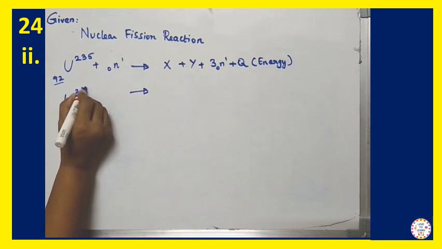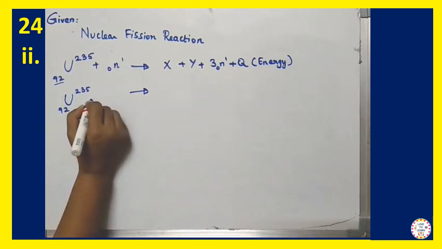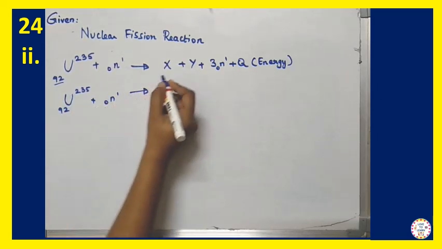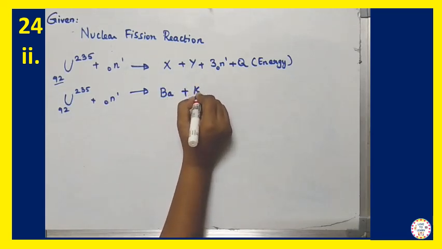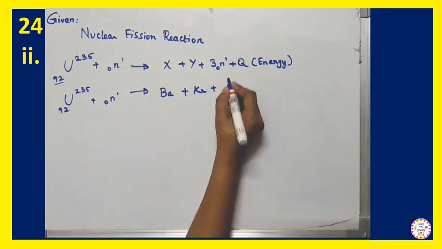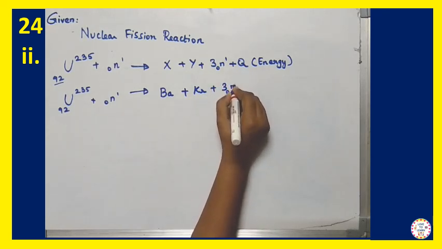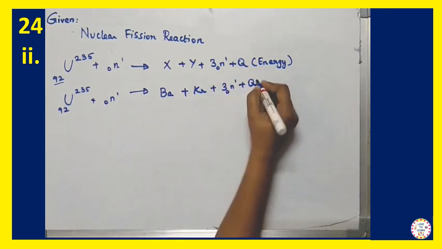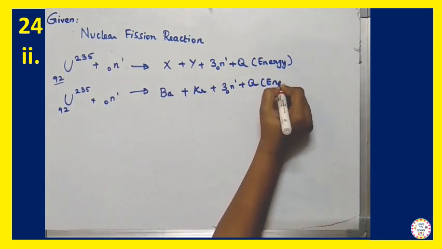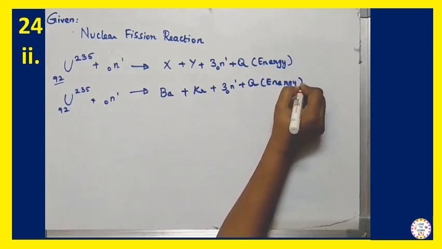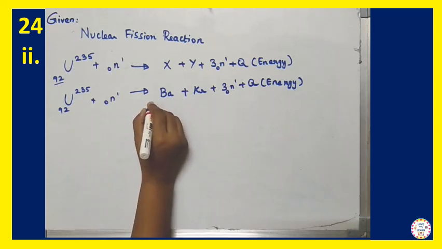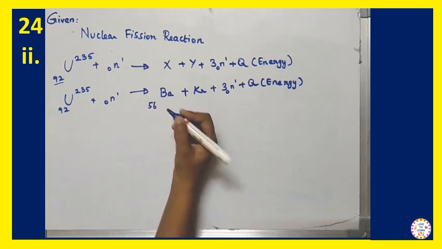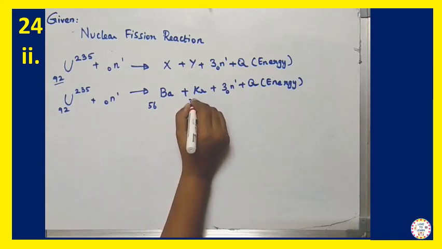So this fission reaction gives barium plus krypton plus 3 neutrons and energy. Now let's write the atomic numbers of barium and krypton: 56 and 36.